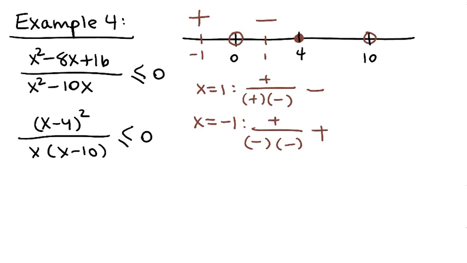You might be thinking, I don't believe you, it's going to alternate. So we're going to try x equals 5. When we have x equals 5, we'll have a positive numerator, and the denominator will have 5, which is positive, times 5 minus 10, which is a negative number. So that's negative.